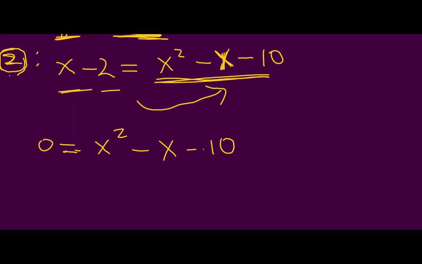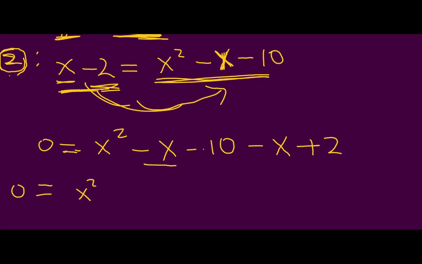Then take these terms to the other side, that is positive x becomes negative x when it goes to the other side, and negative 2 becomes positive 2 when it goes to the other side also, right? Then from here we're going to write the like terms and add them up. So we're going to have 0 equals x squared stands as it is, negative x add negative x is negative 2x, and negative 10 add positive 2 is negative 8, right?